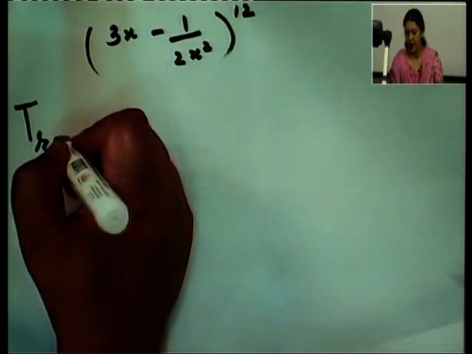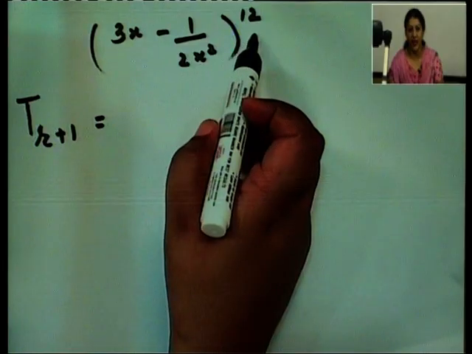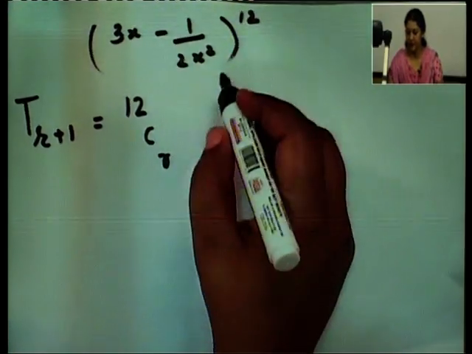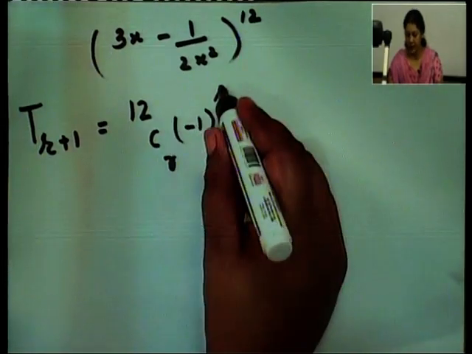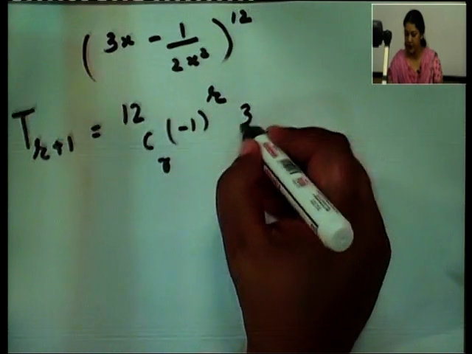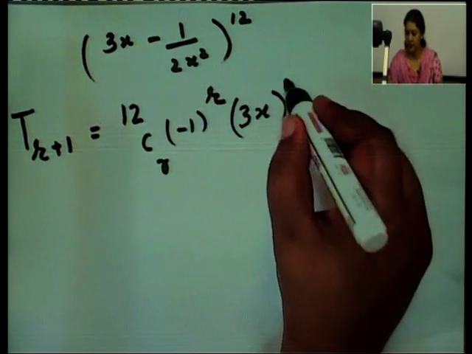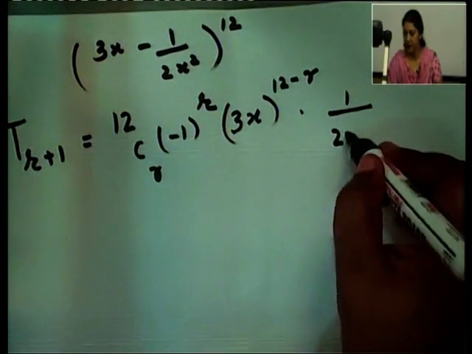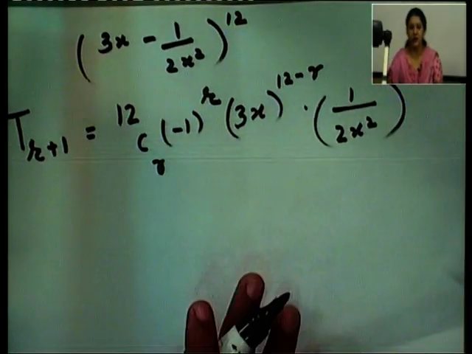T(r+1) will be, here n is 12, 12Cr. Now a negative sign is appearing, so (-1)^r (3x)^(12-r) into (1/(2x^2))^r. So this is the general term.